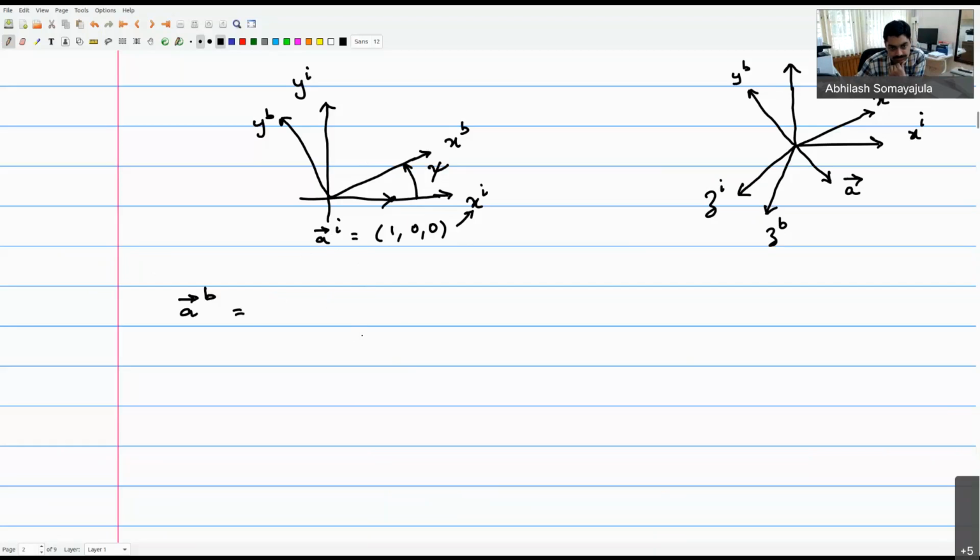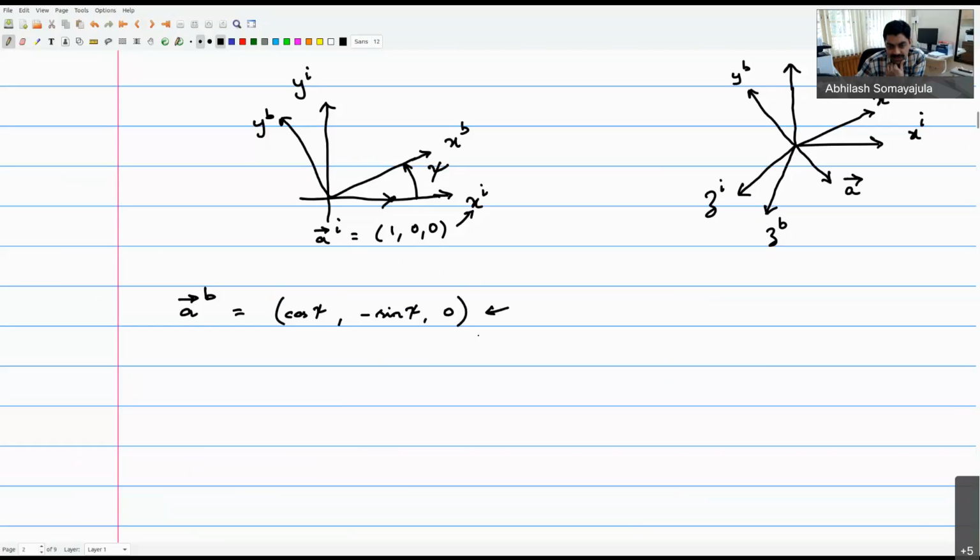Cosine of psi, minus sine of psi, 0. Is everybody able to see this? Everybody clear with this? Yes, sir.